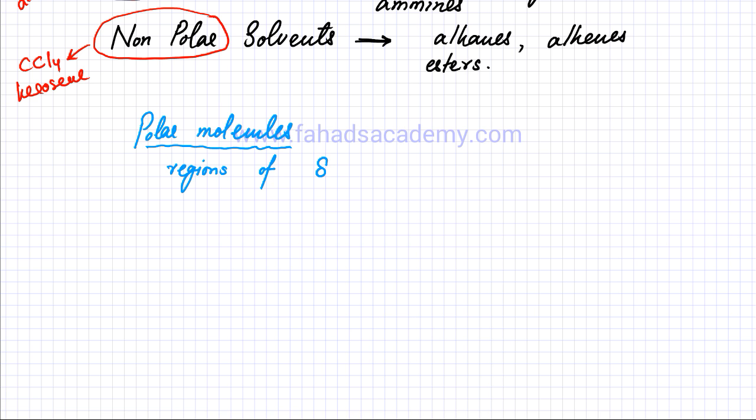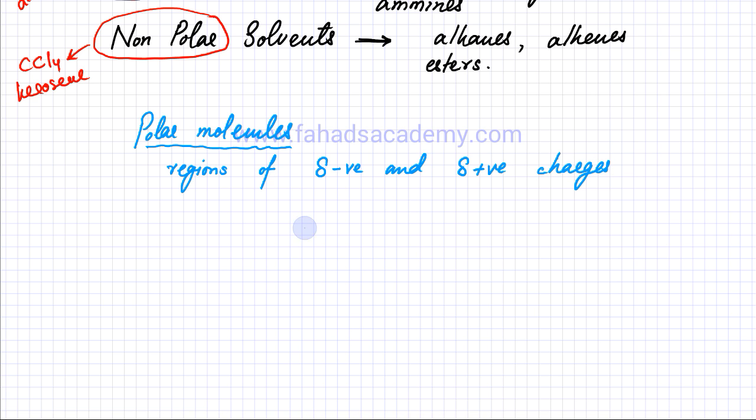This delta is a Greek symbol. It represents slight or partial in chemistry. So a polar molecule is going to have regions of slight negative and simultaneously slight positive charges, which means that the electrons are not evenly distributed.